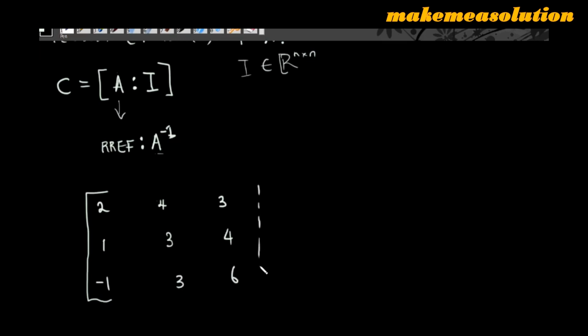I'm going to append it with an n by n identity matrix. In this case, it's a 3 by 3 identity matrix: 1 0 0, 0 1 0, and 0 0 1. So this is step 1.